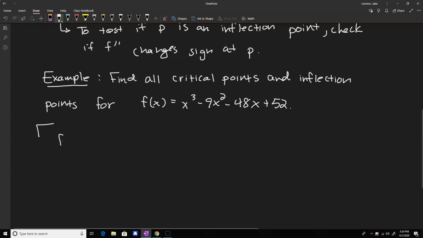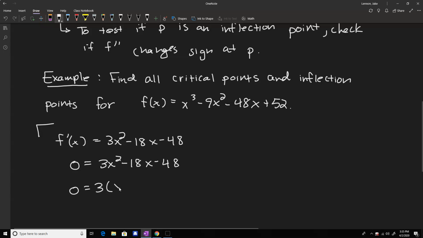So the first derivative, f prime of x, would just be 3x squared minus 18x minus 48. We're just applying the power rule. The derivative of 52, the constant on its own, is 0. So we want to set that equal to 0 and try to solve it. We notice that all of those numbers are divisible by 3, so we can start by factoring out a 3, and we get 3 times the quantity x squared minus 6x minus 16.